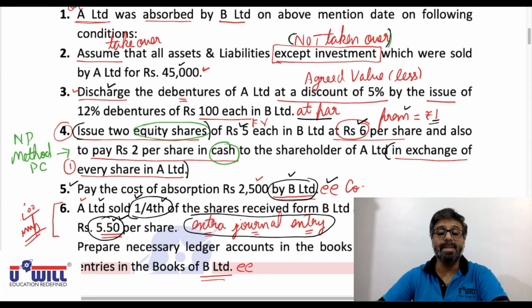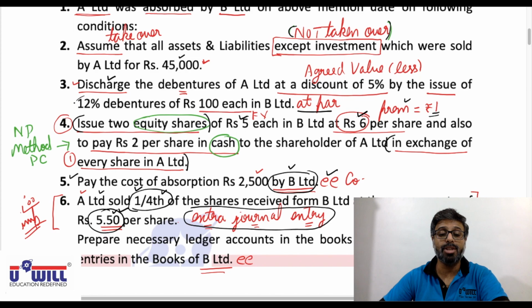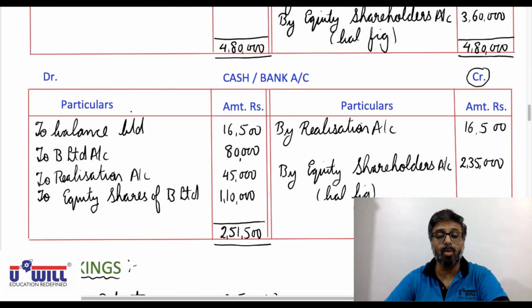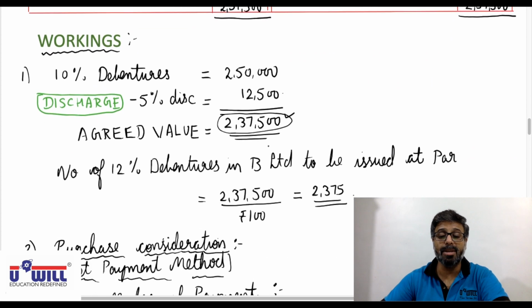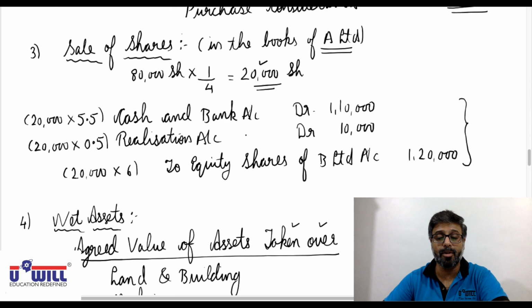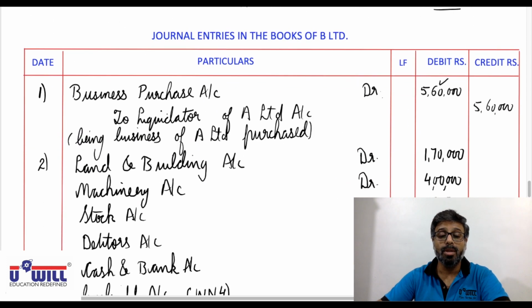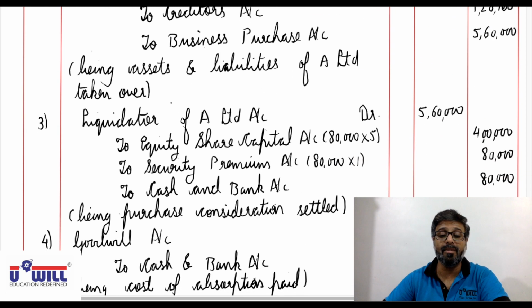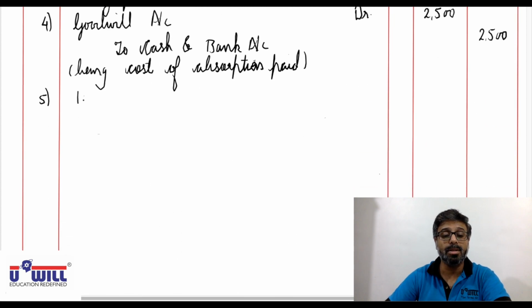Here you can see that 10% debentures are issued, 12% debentures. We have done it here in working note 1 also. 12% debentures are going to be given, 2375 debentures of value 2,37,500. So this 10% debentures account, 2,37,500, we will reverse and debit and close.